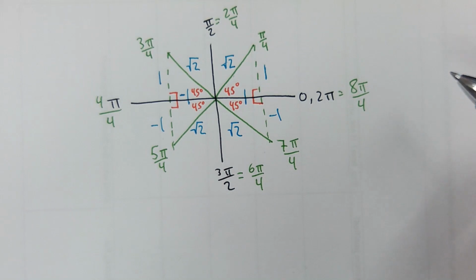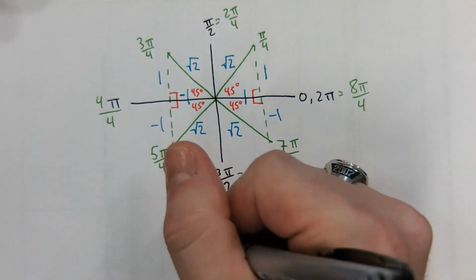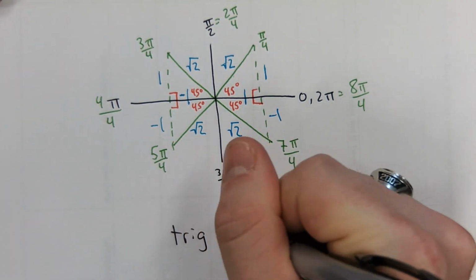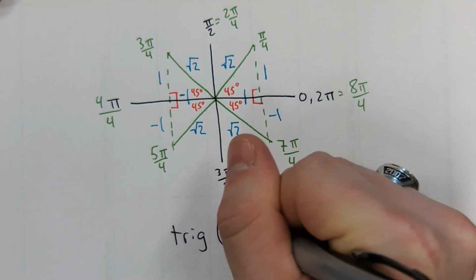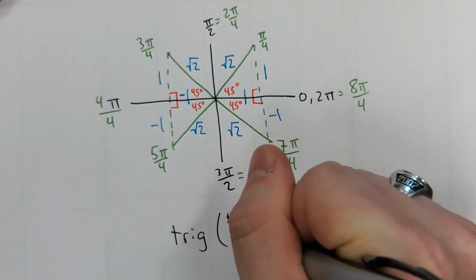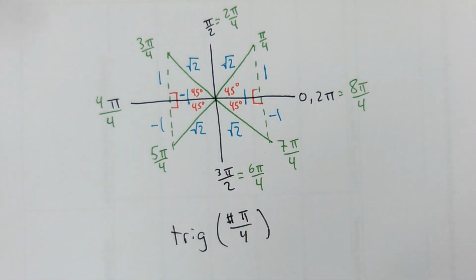So anytime you're asked to find trig of something pi over 4, so any number of pi over 4s, you're going to be using one of these 4 triangles, which one is going to be determined by how many pi over 4s I need to go.